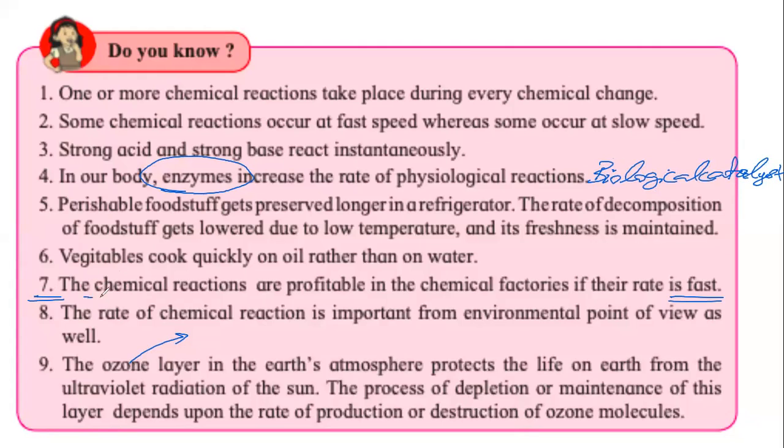Point number 7 says the chemical reactions are profitable in chemical factories if the rate is fast. Why is it said? Why are they saying this? That it will be profitable if the chemical reactions are fast. Why so? Factory mein, why will this make everything profitable if the reactions are faster?